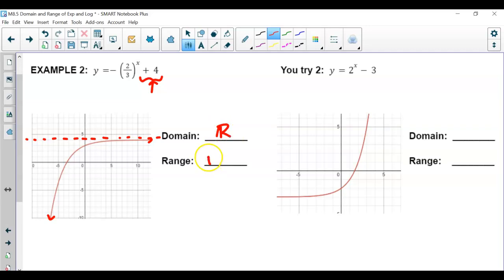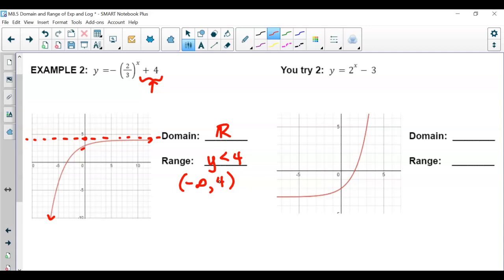However, the range, now notice, our range is approaching that y value of 4. Notice how the y values, the function is below that asymptote. So this is now less than 4. Remember, not including because that's our asymptote, approaching but never reaching. So you could also see this as negative infinity to 4, and again, use parentheses because we're not including that value of 4.